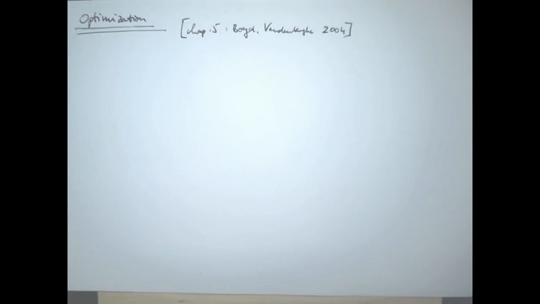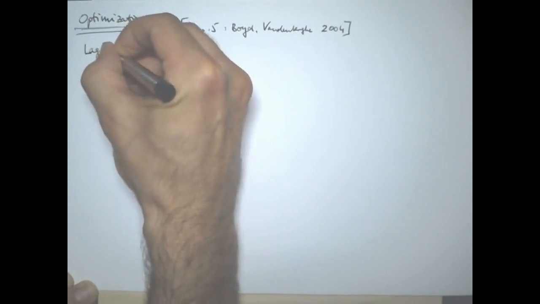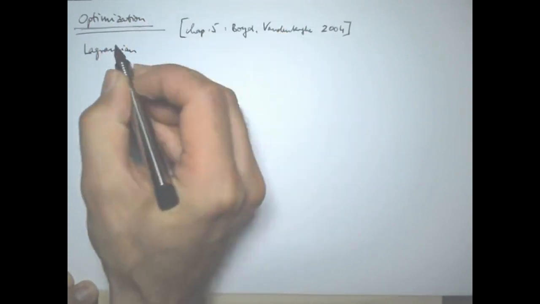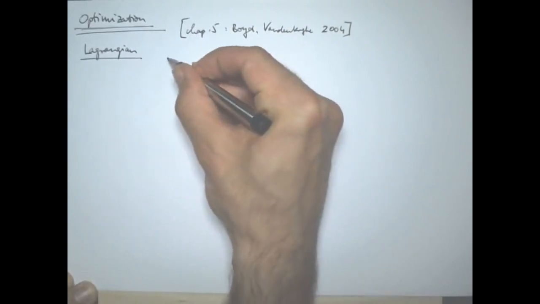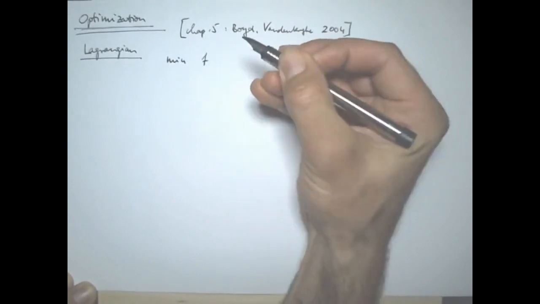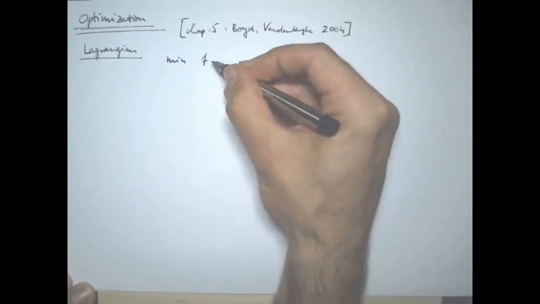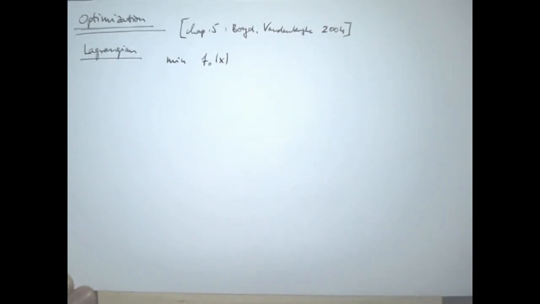I will start with the Lagrangian. First, we have the following optimization problem. We want to minimize f0 of x.